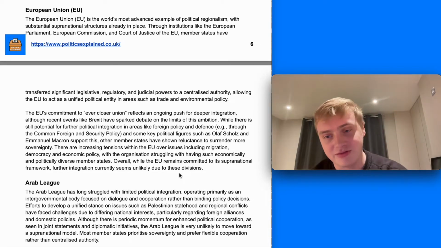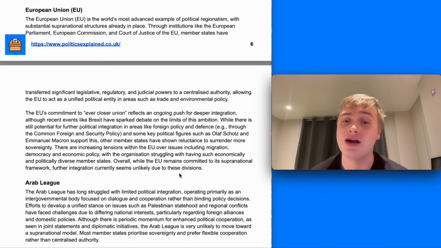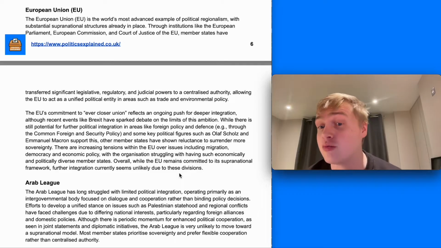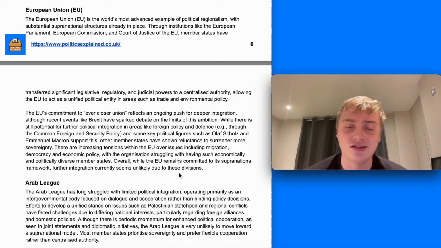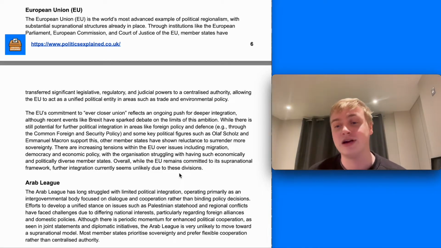In the last couple of decades, support for that, especially since the financial crisis, has really decreased. And though it remains committed to its supranational framework and will still remain the most integrated and most supranational regional organisation, it does seem unlikely that in the future you'll have moves to even closer union and federalism. Federalisation really doesn't look likely.